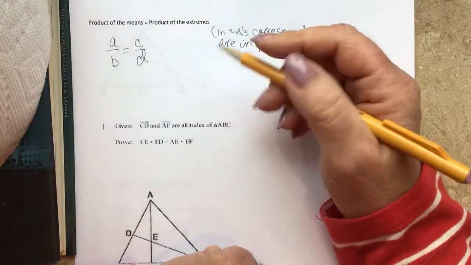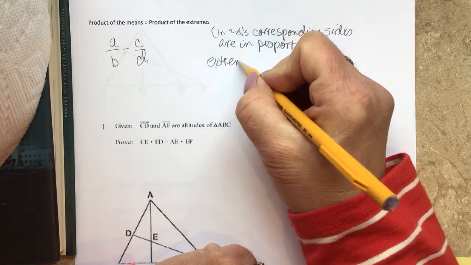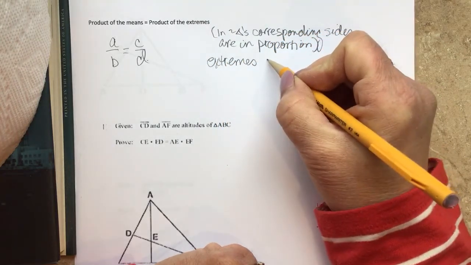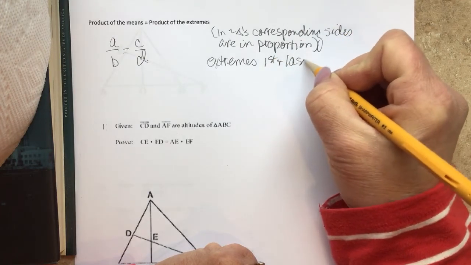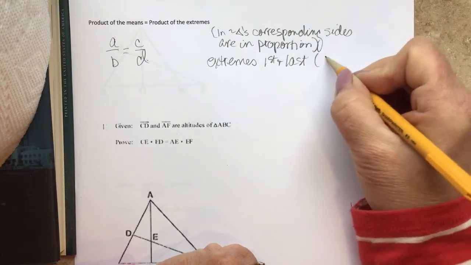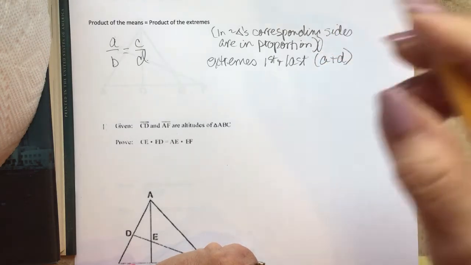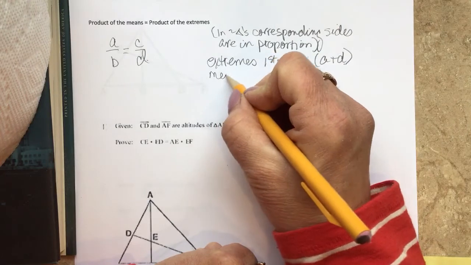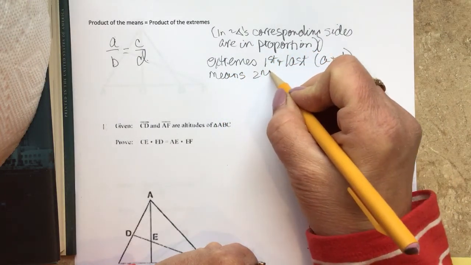All right, by definition, the extremes are the first and last. So in this case, A and D. The means are the two middle ones, so the second and third.